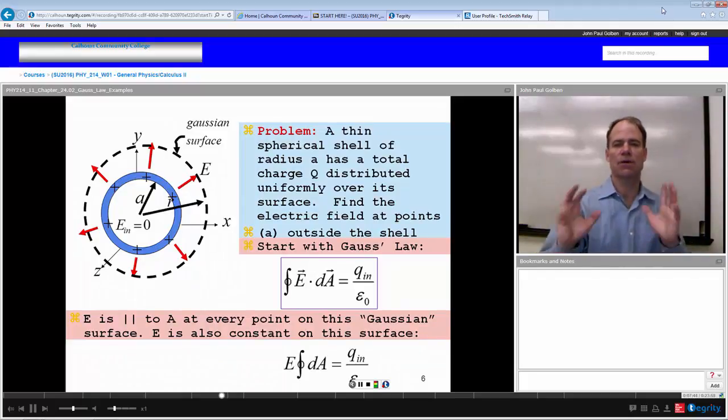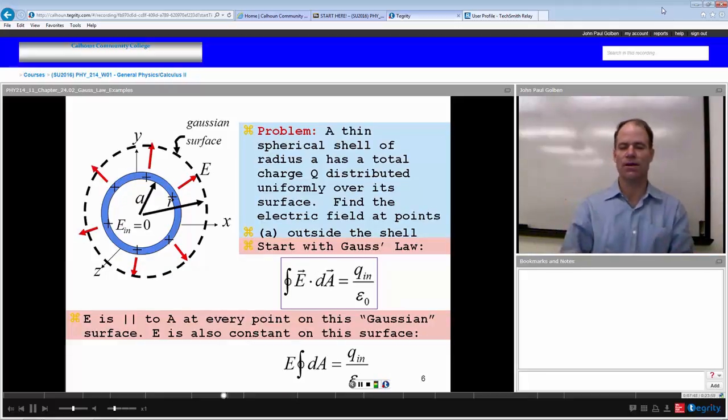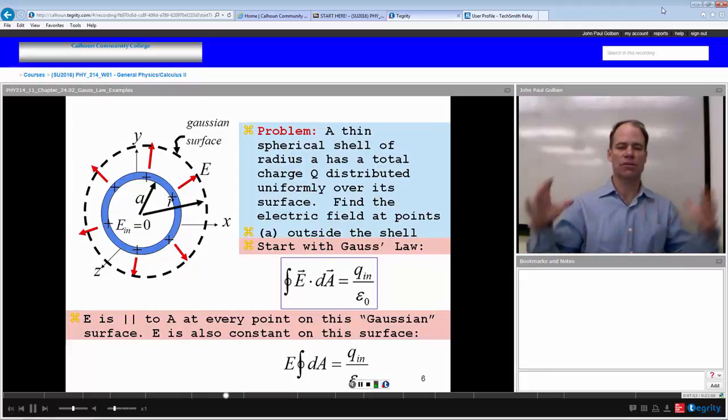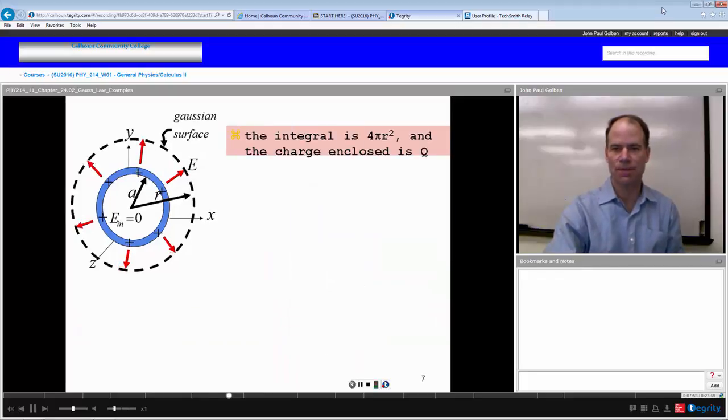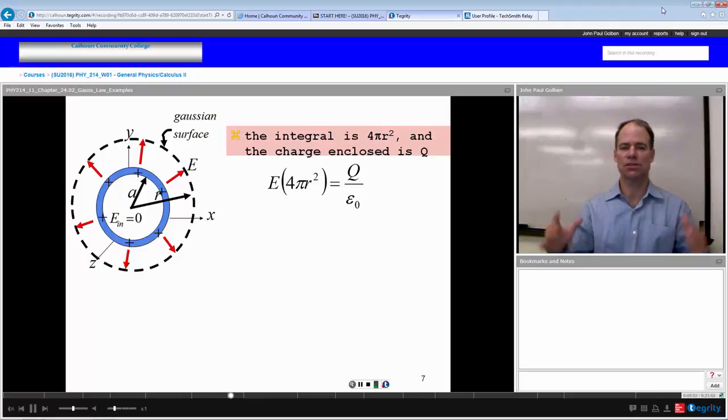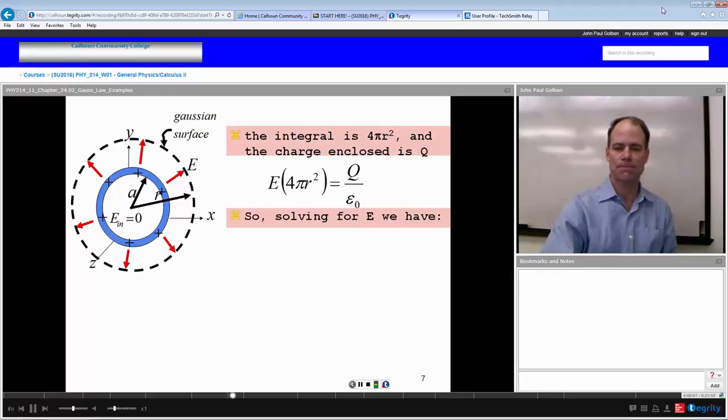So everything that we applied to the left-hand side of our Gauss's law will again apply here. Take the E field, the constant, out of the integral. We're integrating over the surface of our Gaussian surface, which is just going to be the area of that sphere, 4 pi r squared. And so we have E times 4 pi r squared is equal to the charge enclosed, which is the charge on the sphere, Q over epsilon naught.